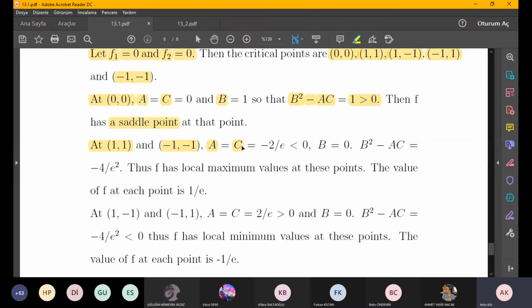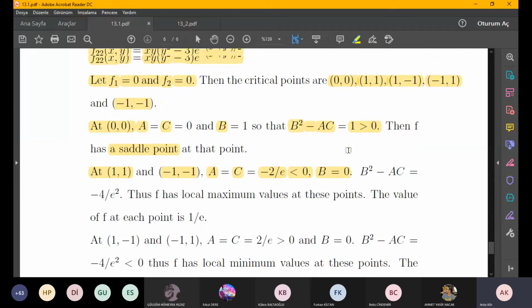A and C are the pure second partial derivatives of the function at those points, which after computation is -2/e. Since e is a positive number, this is a negative number. And B is the mixed second partial derivative of the function at those two critical points, which we get to be 0. Of course, you need to compute those from the above results.